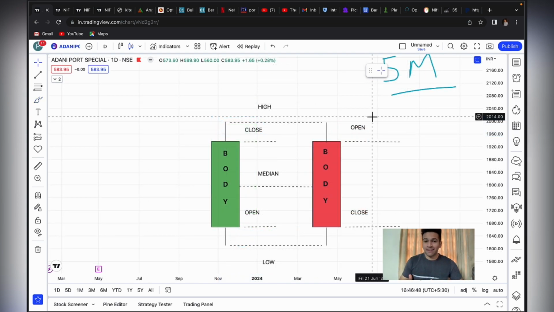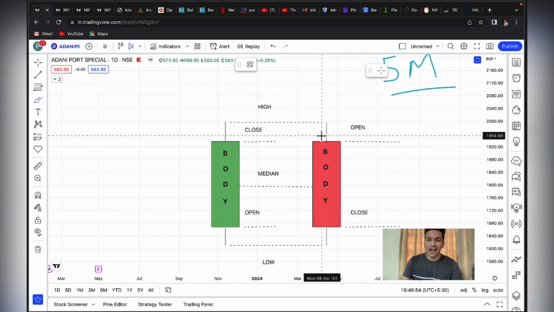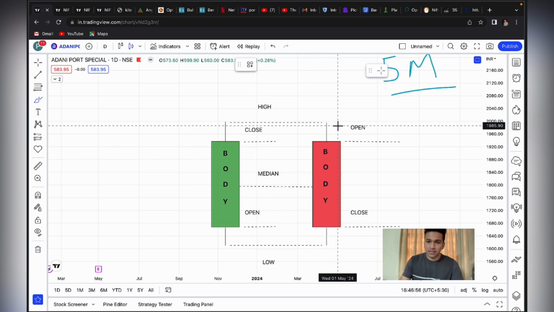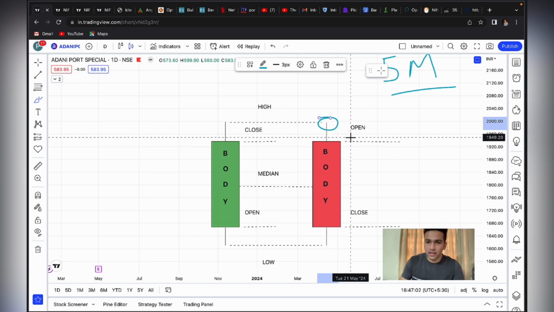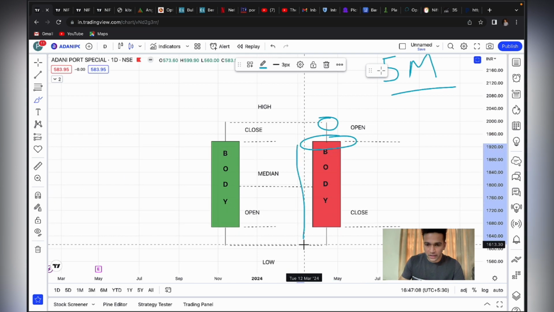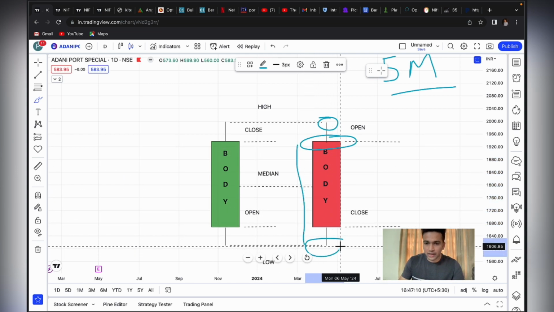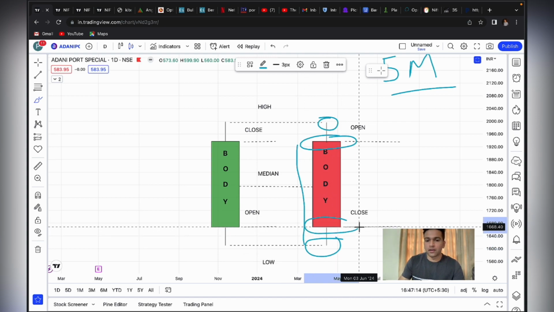It's the same when it comes to a bearish candlestick. Here, the price opens higher, makes a high of this. This will be the high for the bearish candle. This will be the open, it makes a high, falls all the way down, makes a low, creates a low wick, and closes somewhere here.